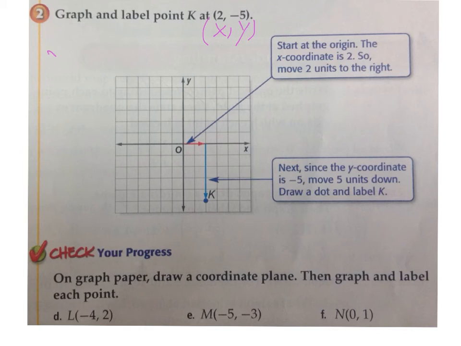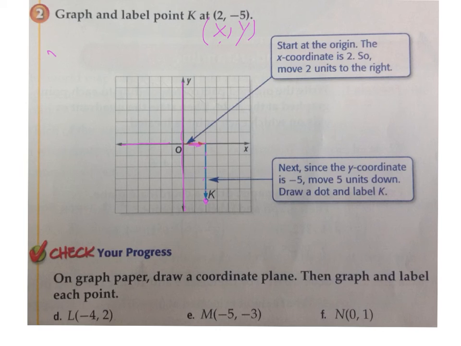So we go on the X-axis, 2, so you see it's not numbered on this one. So we know that when we do a number line, 2 would be 1, 2, because if I go to this side, I'm negative numbers. So 2, and then -5. Remember, up is positive, so I have to go down 5. 1, 2, 3, 4, and that would put us right there.